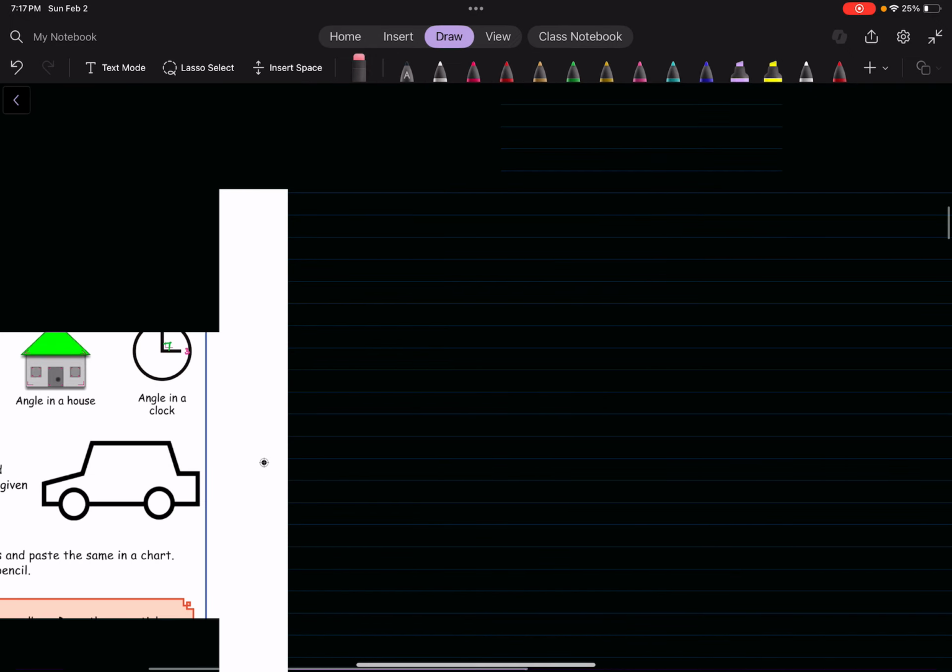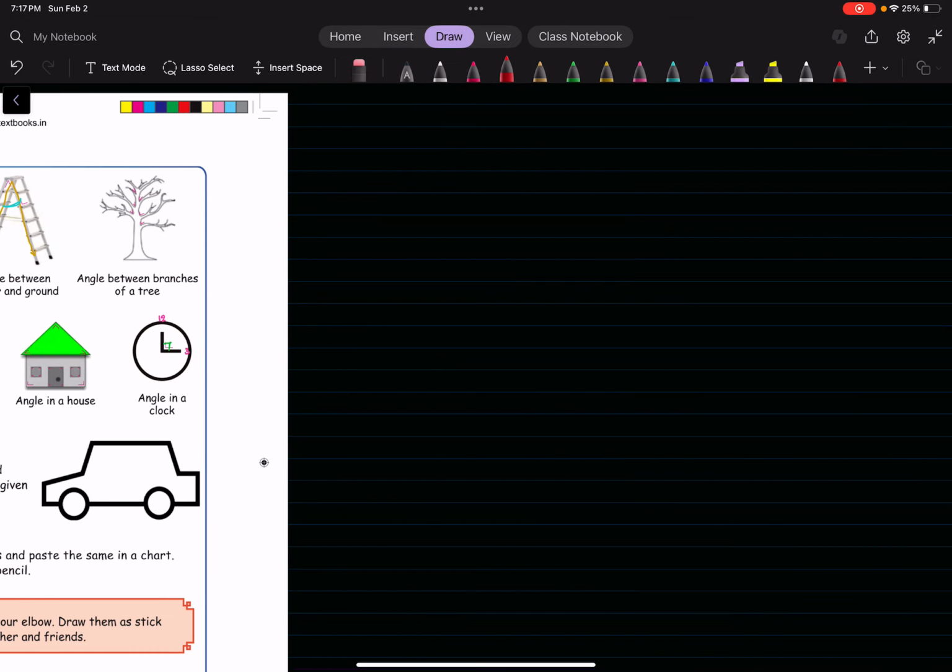Remember one more thing, the most important thing: angles can only be measured for straight lines. If you look at a curved path, let us assume that this is one curved path, you can't measure angles for a curved path. So this is not an angle.